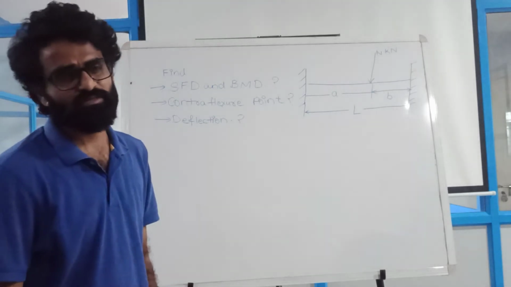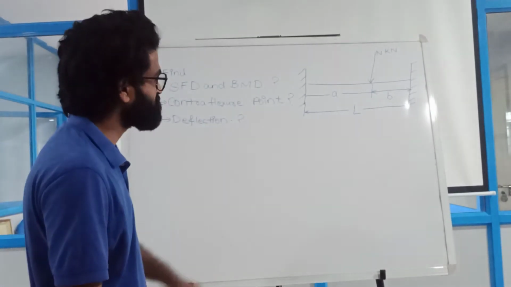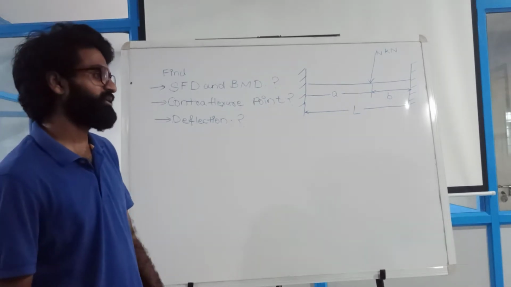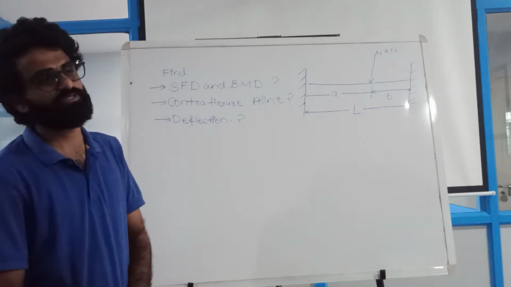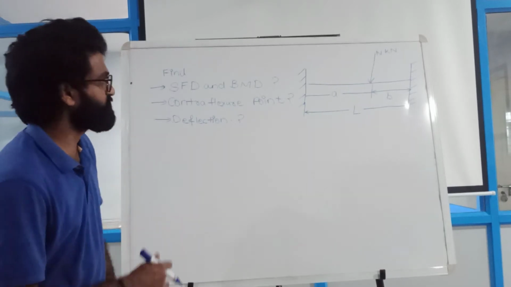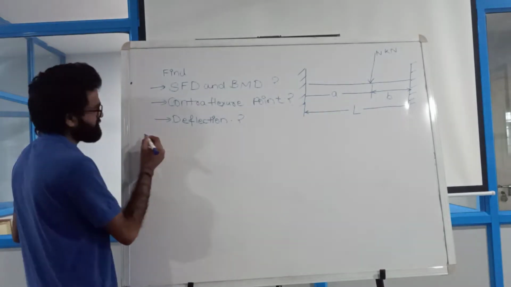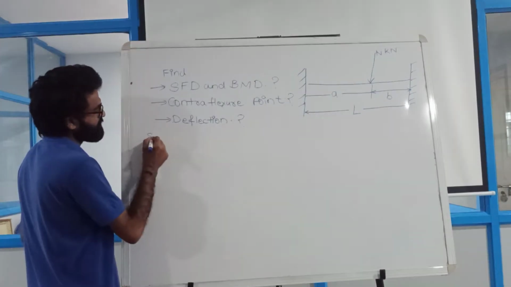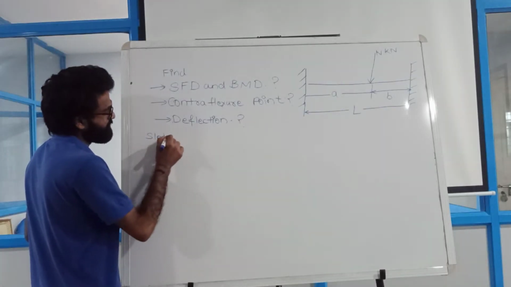A number of students get confused in this particular case, because if you follow different books, they have different methodologies to solve this problem. So here we are going to solve this problem with the help of the slope deflection method.